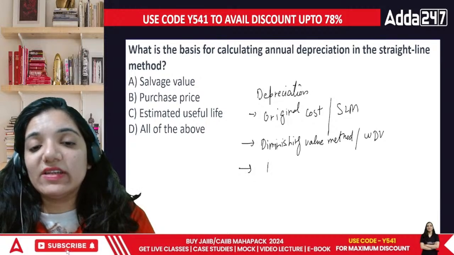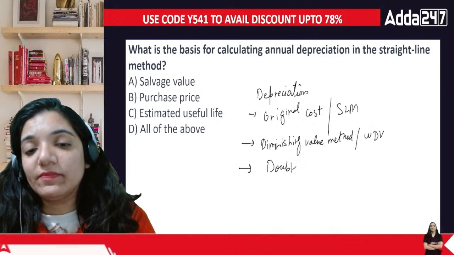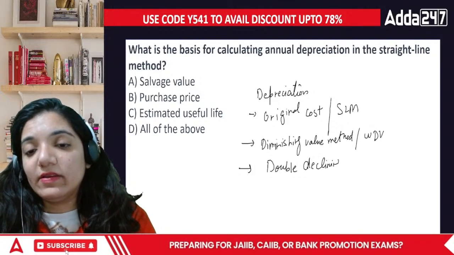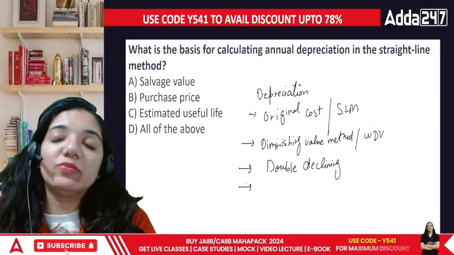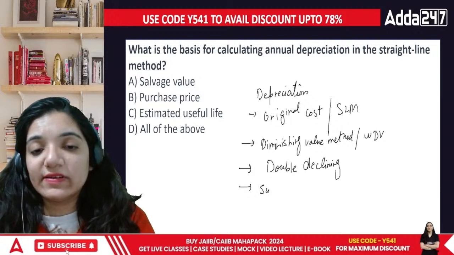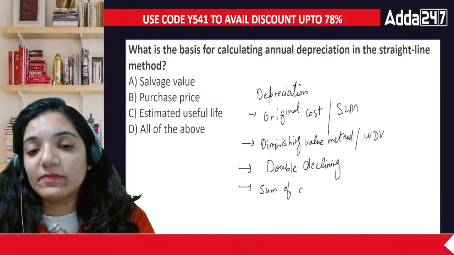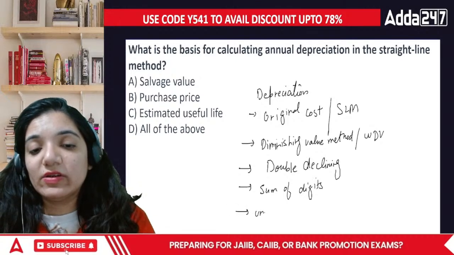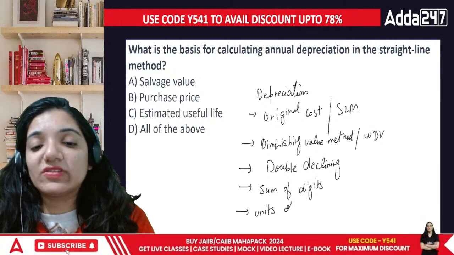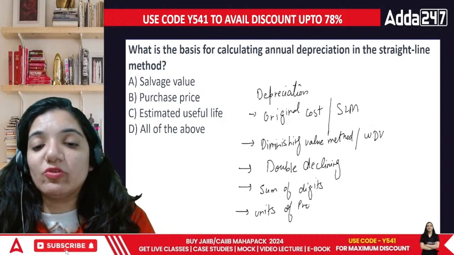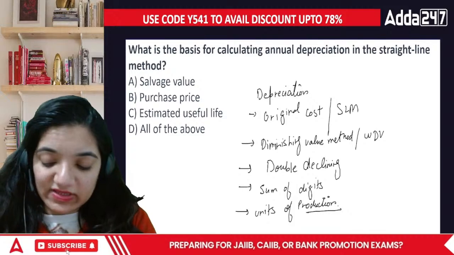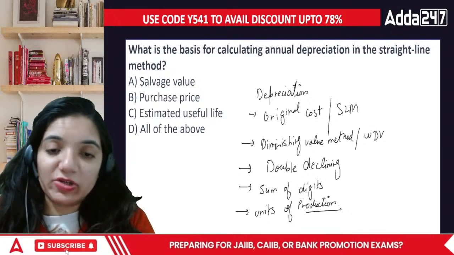Then the third one is double declining. The fourth one covered in the book is sum of digits. And the last one is units of production, which is based upon the units that you produce. If you produce more units, more depreciation; if you produce fewer units, less depreciation. That's the entire crux of units of production.